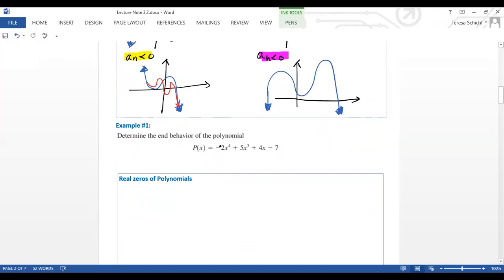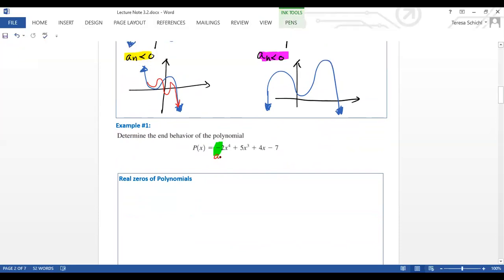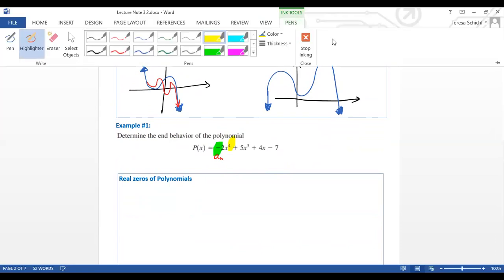The next one says to determine the end behavior. First take a look at what I have here. a_n is negative, and the degree is even.